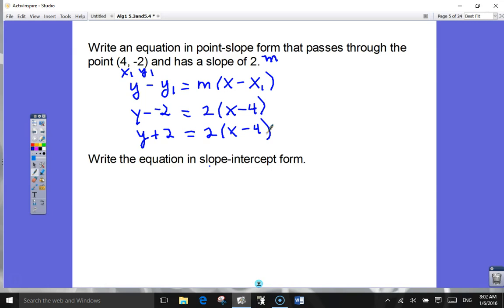What would you do first? If you were going to solve this for y and simplify, what do you think you would do first? You could subtract the 2 to the other side, right? But that's not simplified. Now what do I have to do?